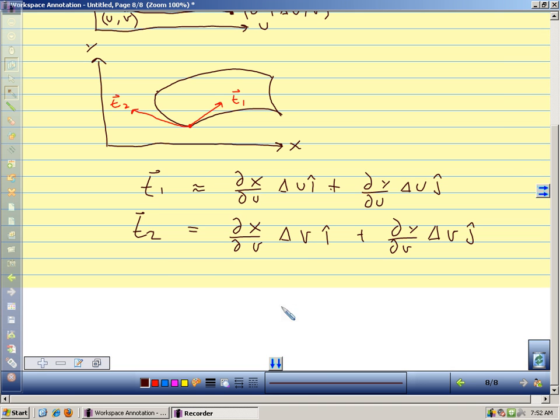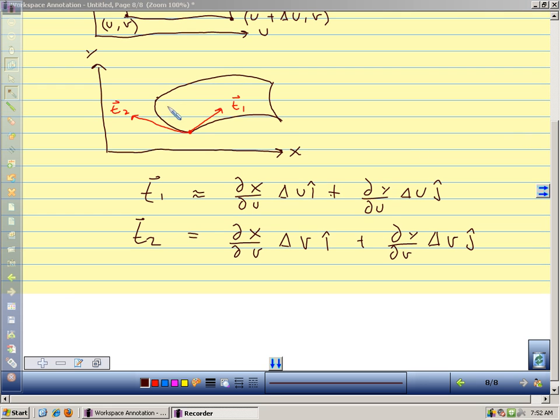And we're going to approximate the area of a little parallelogram with the magnitude of the cross product of these two vectors, and we're going to sum over the entire region. Just like we did for surface area, we're approximating the area of a tiny little parallelogram with the magnitude of the cross product between T1 and T2, and sum over the area as delta u and delta v get very small.